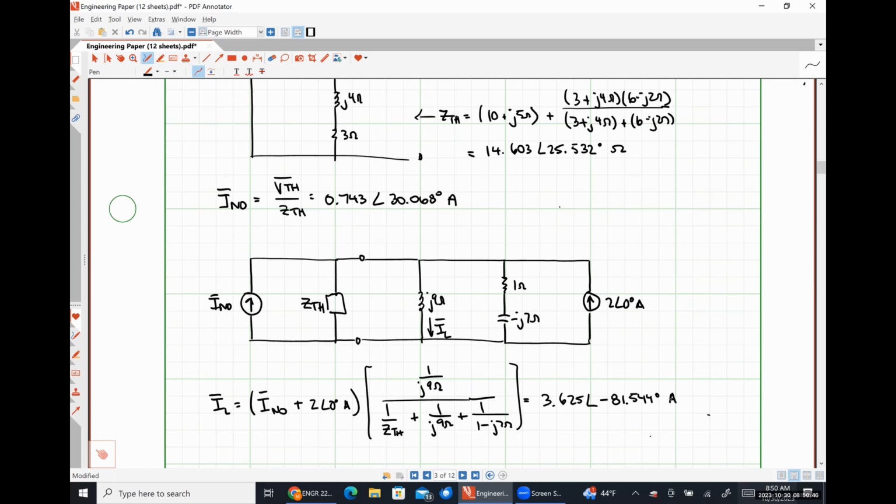So we took a big ugly thing that looked like we were going to have to apply either nodal analysis or mesh analysis and broke it down into more manageable parts using Thevenin and Norton's theorem. So if we can make a part of the circuit look like a two-terminal network, we can replace that part of the circuit with its Thevenin equivalent circuit if that makes things easier, or its Norton equivalent circuit if that makes things easier.